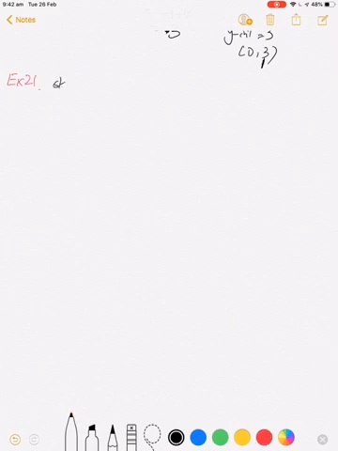Sketch y equal to x squared minus 3. Again, we can just write the turning point form: a times (x minus h) to the power of 2 plus k. Okay, so now let me rewrite it.